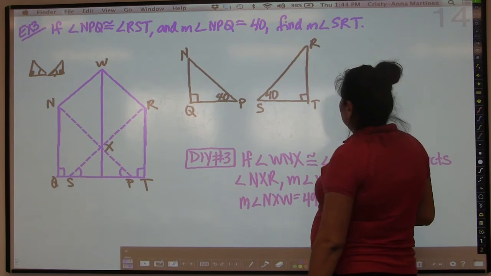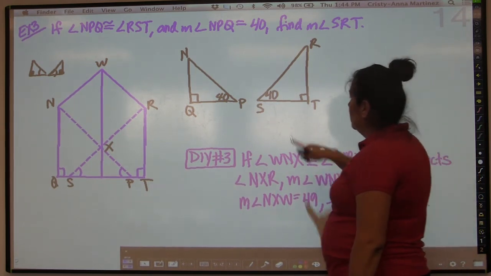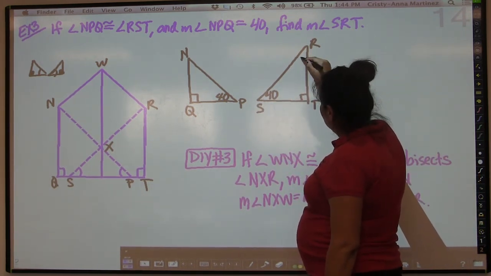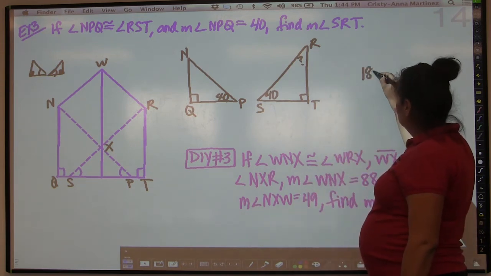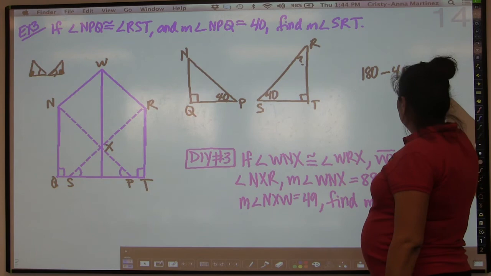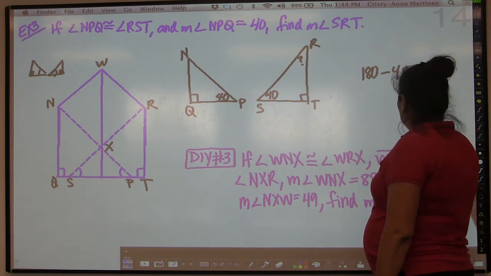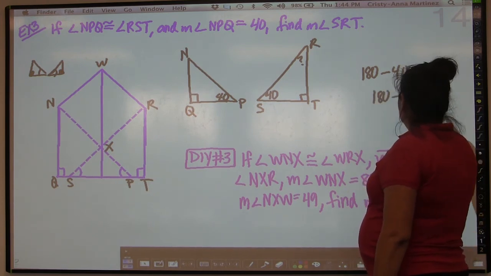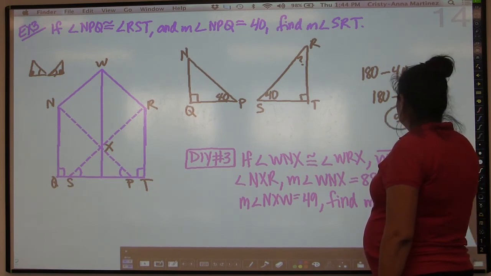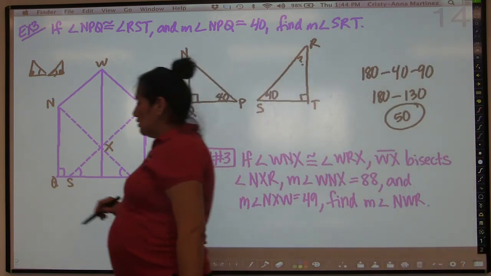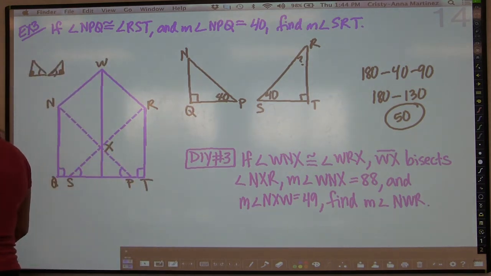And they want us to find the measurement of angle SRT. They want us to find this angle right there. So all we have to do is go 180 minus 40 minus 90, which is 180 minus 130, and that's going to give us 50. So the measurement of angle SRT is 50 degrees in this case.